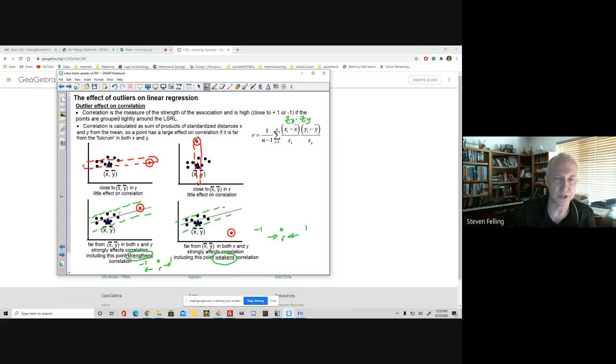So in a little region just directly above and to the right and left of the centroid, the z in the y direction would be about 0, and in this case the z in the x direction would be about 0, and so the product is small. That data point will have very little effect on the correlation coefficient. So even though it's in a position to weaken the correlation, there's a dead zone here where the points have small, if any, effect on R.